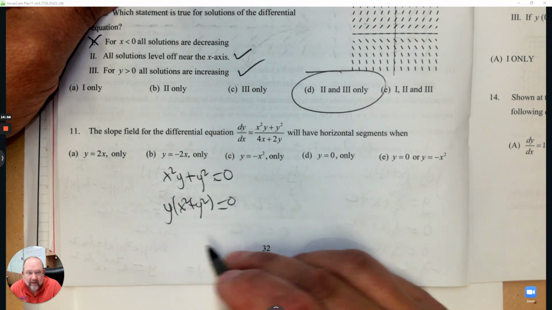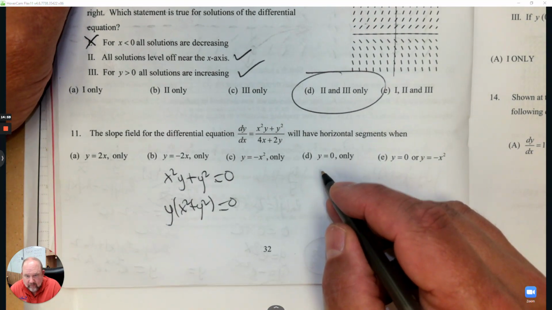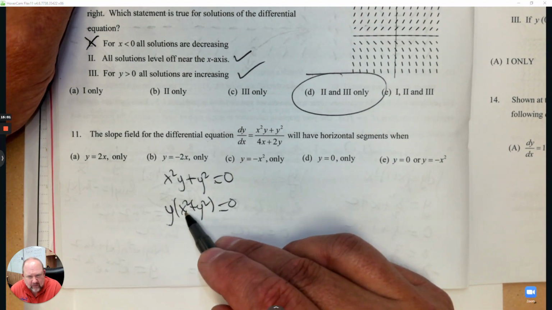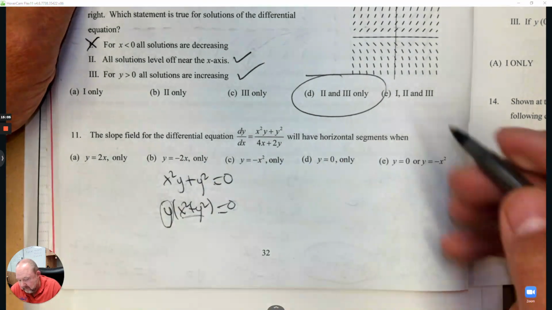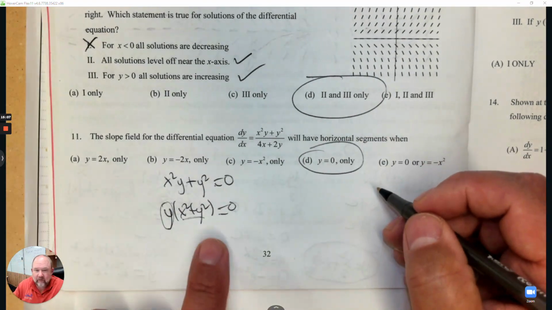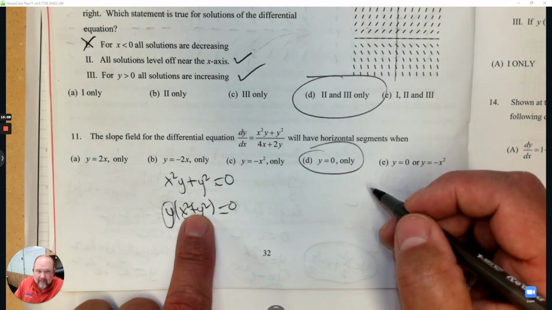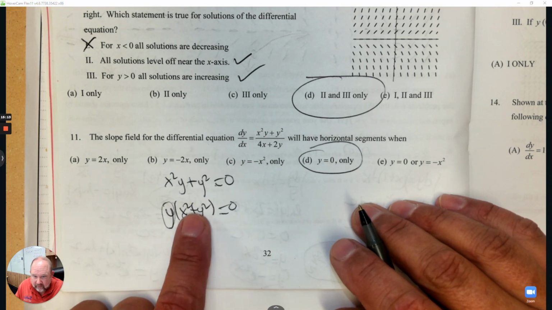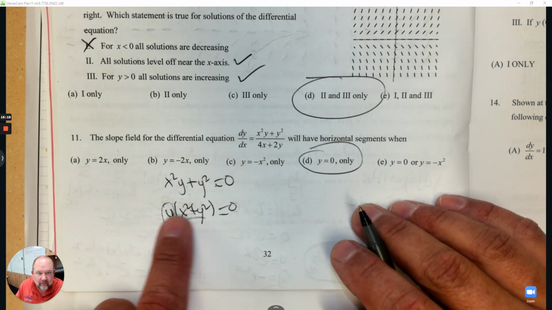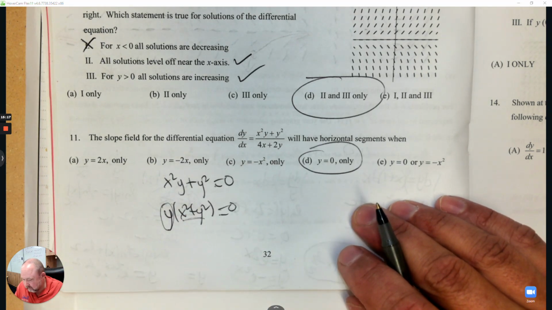So when y equals 0, that is true. And then what else would be true? This will always be positive. So the only thing that will give it to you is D. Because no matter what numbers you plug in here, when y is any number, negative or positive, this will always be a positive. So the only one that will give you a 0 is when y is equal to 0. So the answer is D.